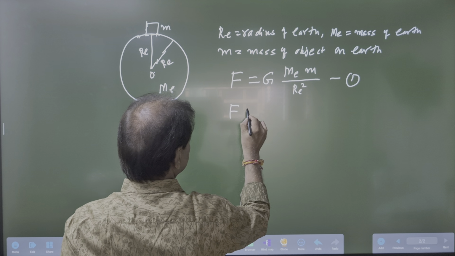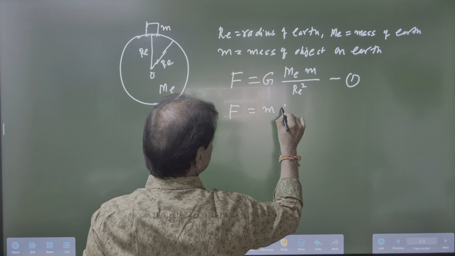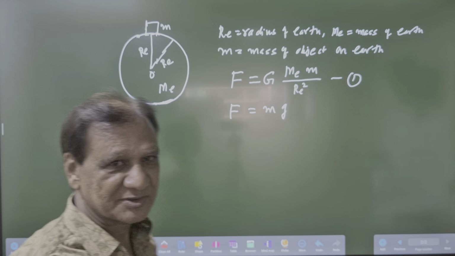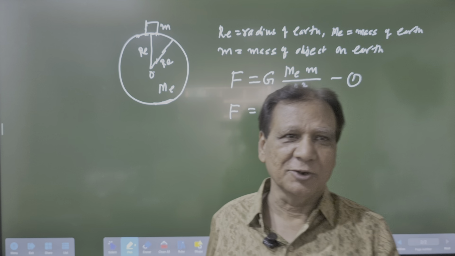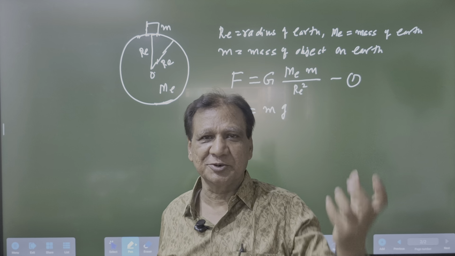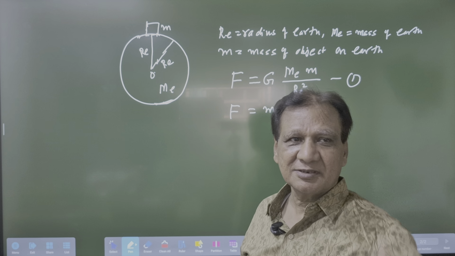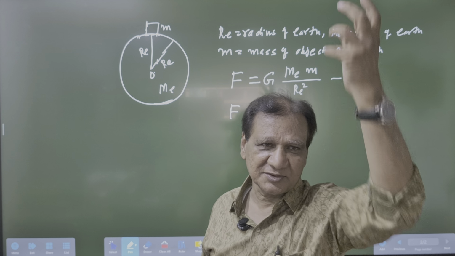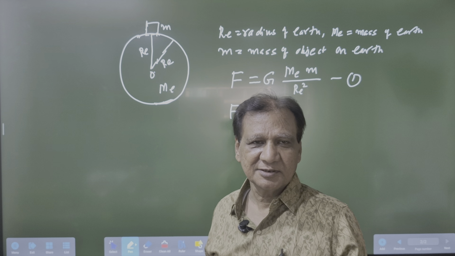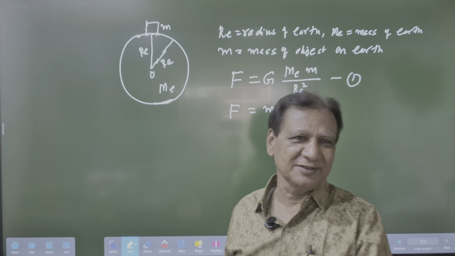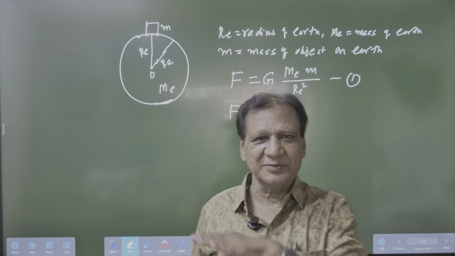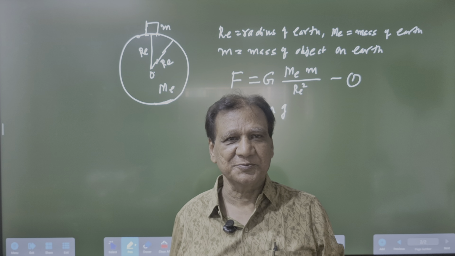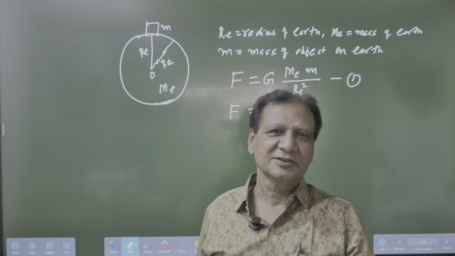Now F is equal to mg. M is the mass of the object and g, because Earth pulls every object with the acceleration due to gravity, g. Because it is a vertical force or acceleration, horizontal acceleration we normally denote by a, but vertical, if something is pulled by Earth, the acceleration due to gravity is g.